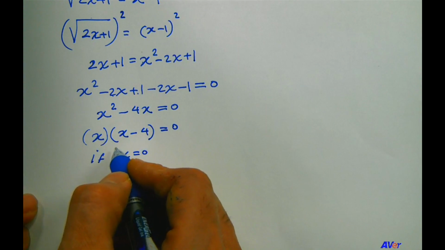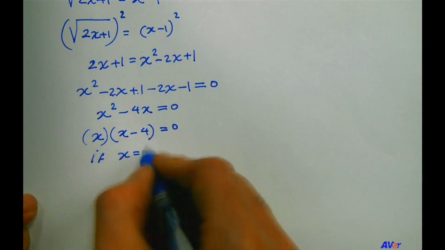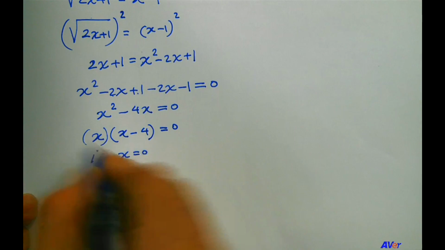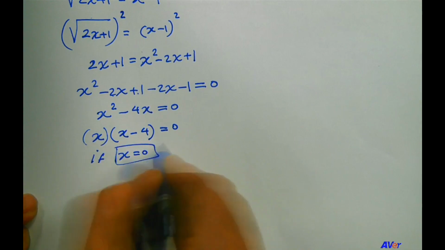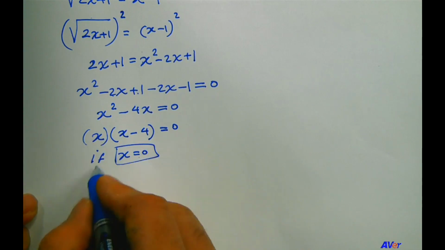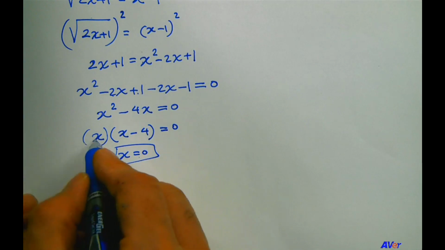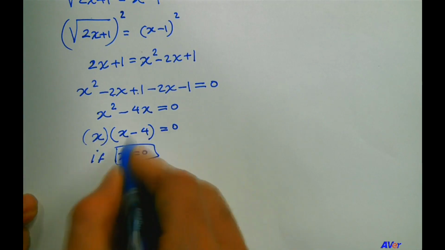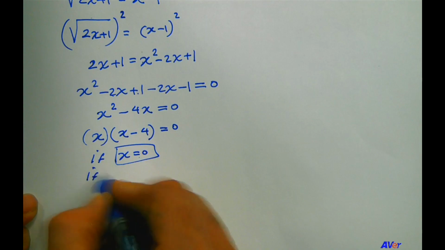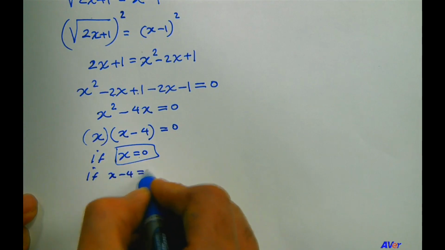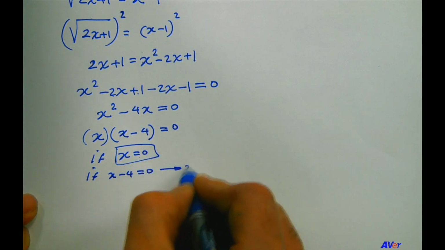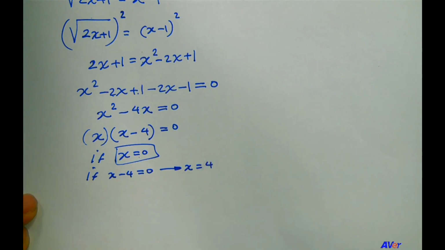So let's use that to our advantage to solve this. If x equals 0, that's one of the solutions, right? If x is equal to 0, that whole thing is equal to 0. Then if x minus 4 equals 0, then x equals 4.